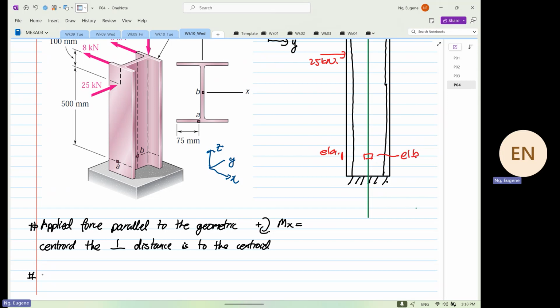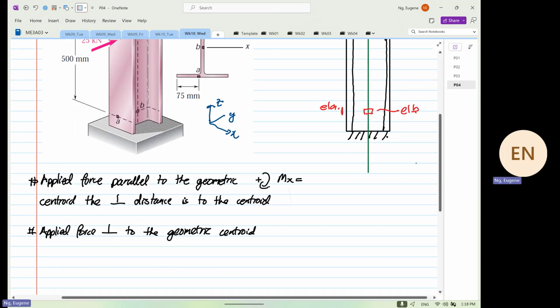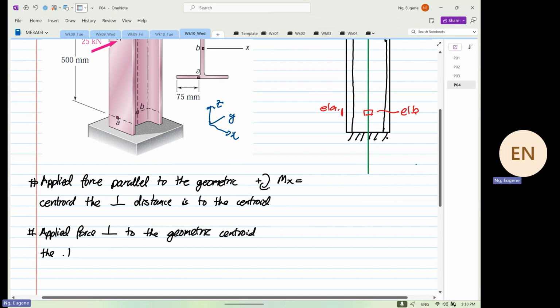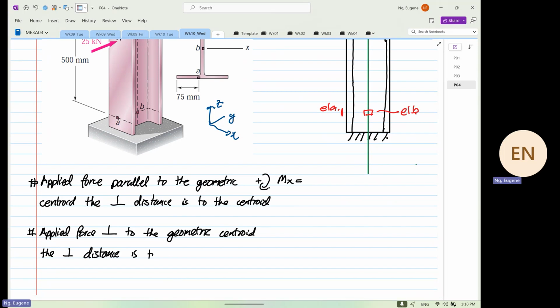The next one: when the applied force is perpendicular to the geometric centroid, the perpendicular distance is to the element.